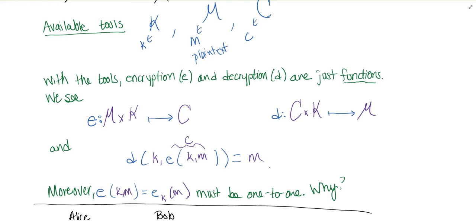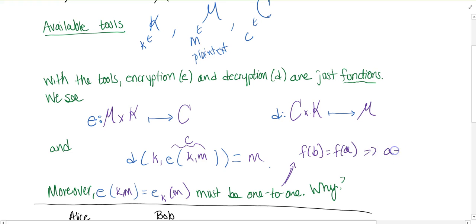This has to be one-to-one, and I want you to think about why. As a reminder, one-to-one means that if we have equal outputs, that forces us to say that the inputs are the same. So why must this be one-to-one? The textbook does go through the mathematical justification, but why more generally do we need this?